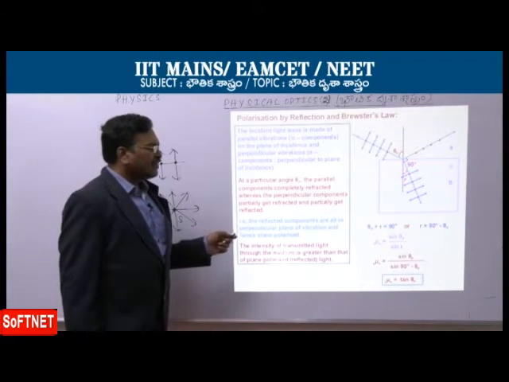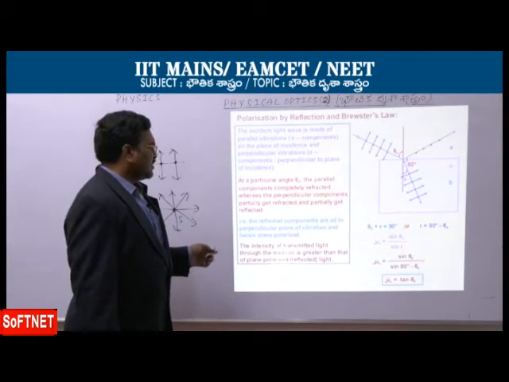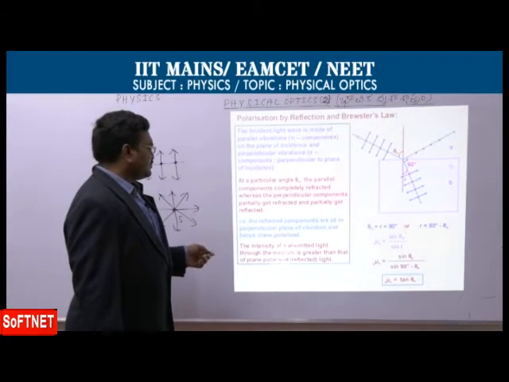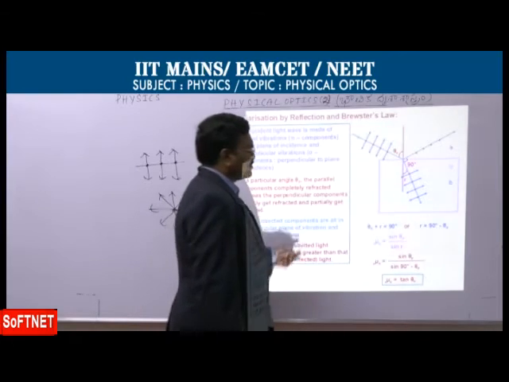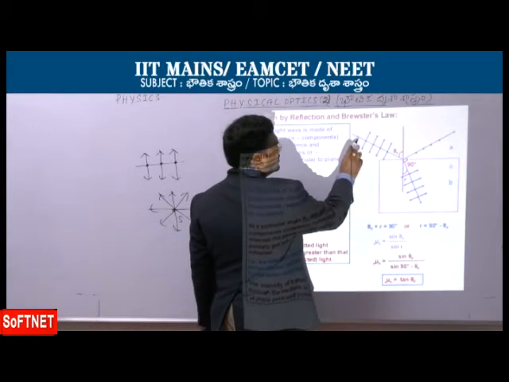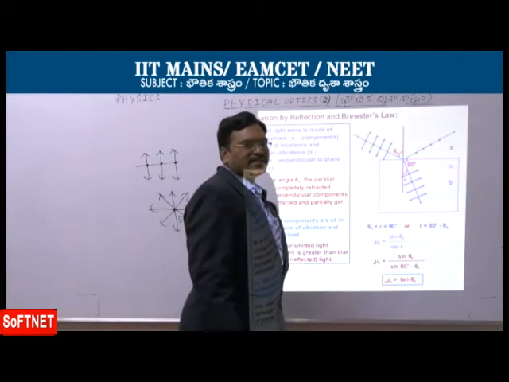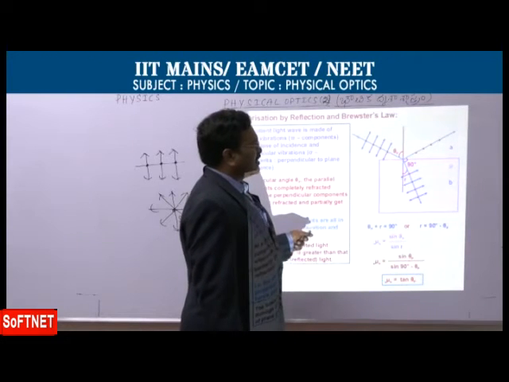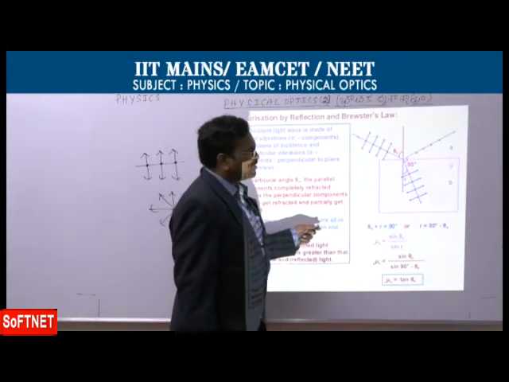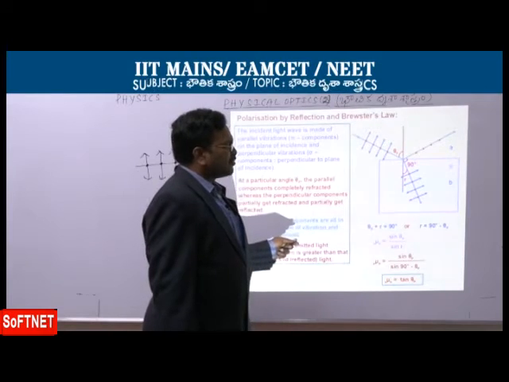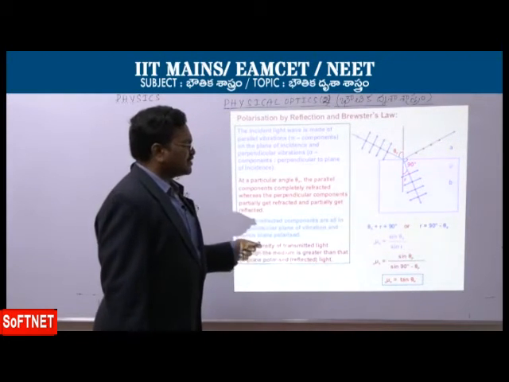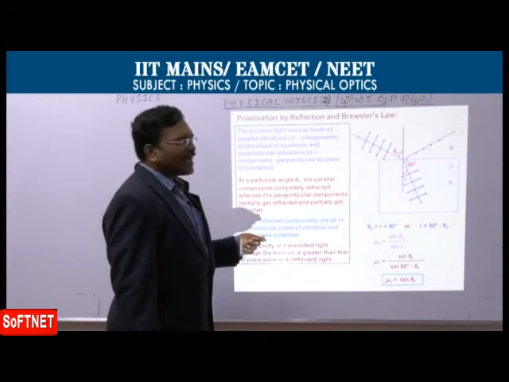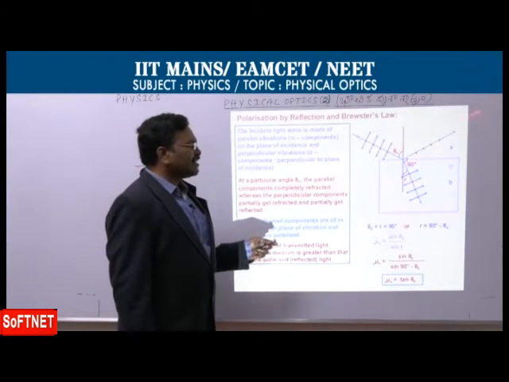Look here, the incident unpolarized light is incident at some angle. The reflected light ray is polarized. At a particular angle of incidence, the reflected light ray is completely polarized.